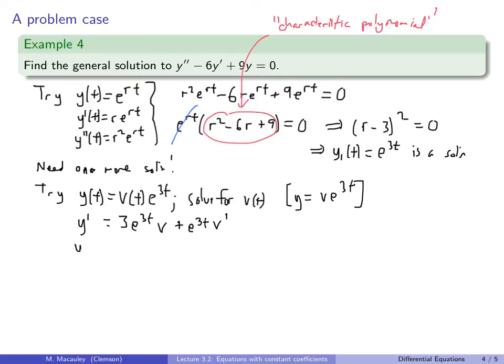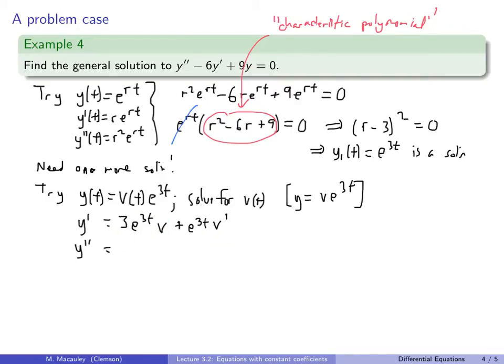And then y double prime. Let's see, y double prime is 3 times the derivative of, well, we know the derivative of what I'm circling here. That's just this whole thing.